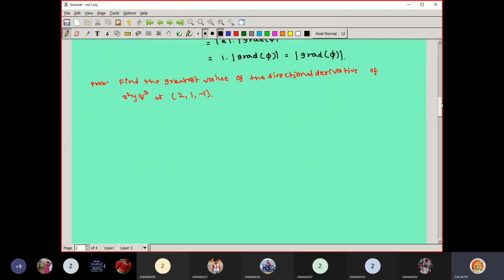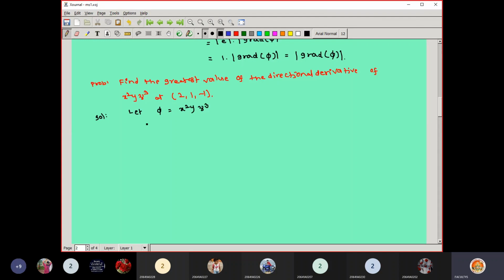In order to calculate that, what have they given, a vector or a scalar? They have given the directional derivative of a scalar. That scalar I am denoting with phi, equal to x square y z cube.